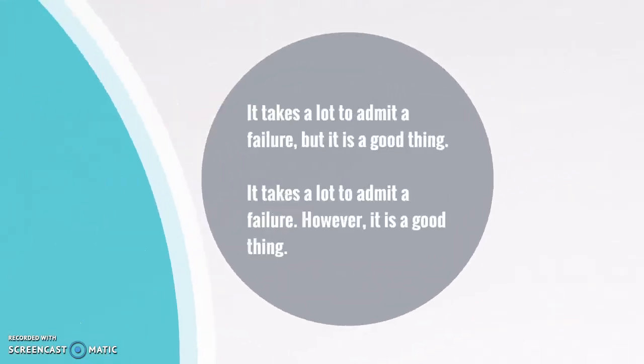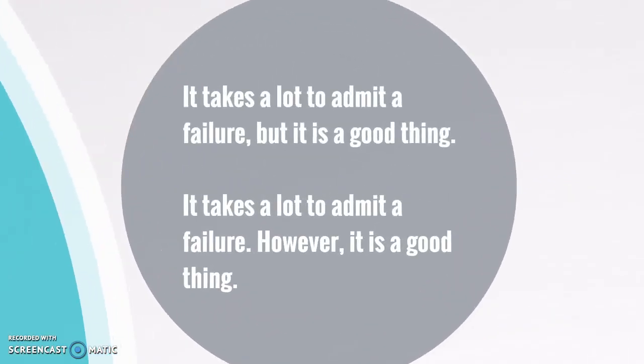Okay, so some examples in your writing. It takes a lot to admit a failure, but it is a good thing. So again, the sentence is totally fine the way it is. We're going to look at using a different transition word instead of but, because it is used so often. So we could also say, it takes a lot to admit a failure. However, it is a good thing.